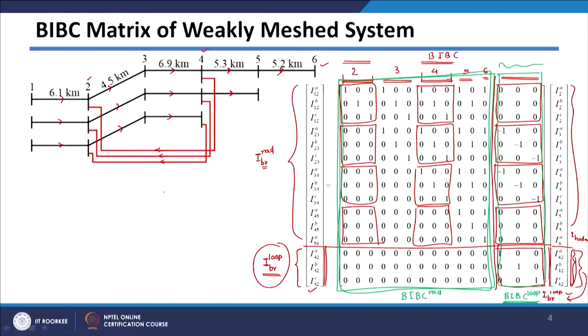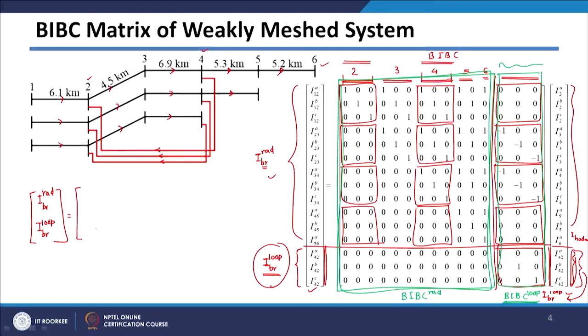it will be equal to, on the right hand side, we are having currents. So, currents, it is radial current, branch currents in radial branches, branch current in loop branches, which will be equal to, so these two terms I have taken.